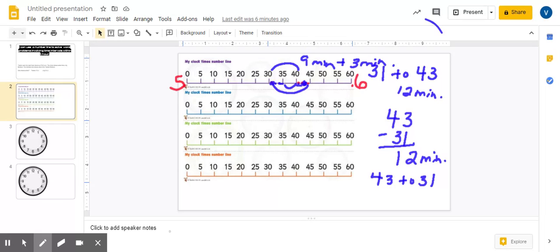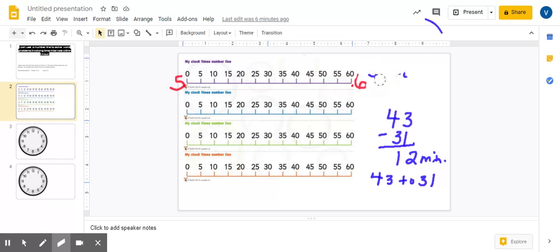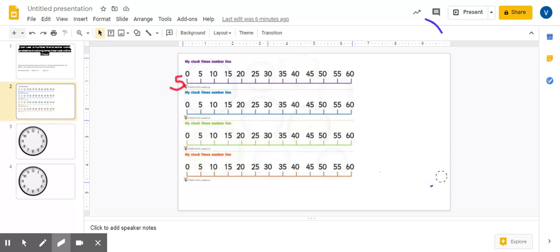Well, let's try another one. All right, so go ahead and erase. And let's do some start times. So let me erase. So what I want you to do is to use your number line again, erase what you have on there. I'm going to give you a new one to try. Okay, here we go.